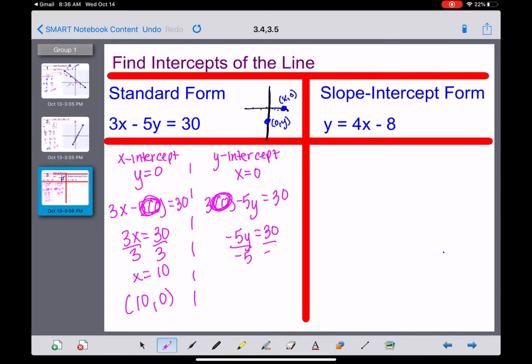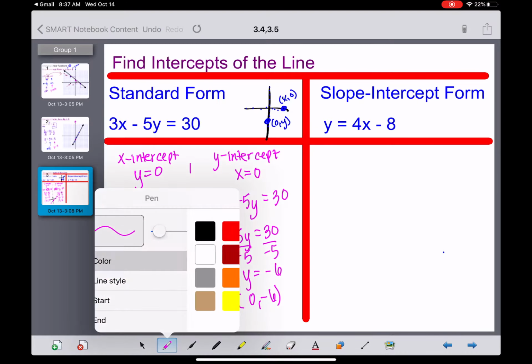Divide out by negative 5, and my y-intercept is negative 6. I can write that as a coordinate, (0, -6). So graphically, my x-intercept crosses at 10, my y-intercept crosses at negative 6. That also helps to create a graph because it only takes 2 points to create a line.